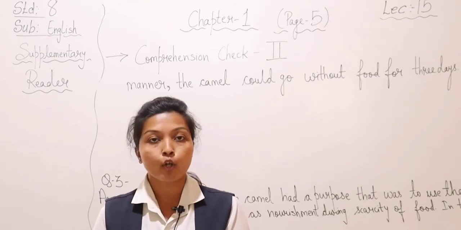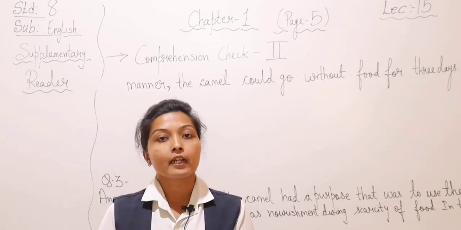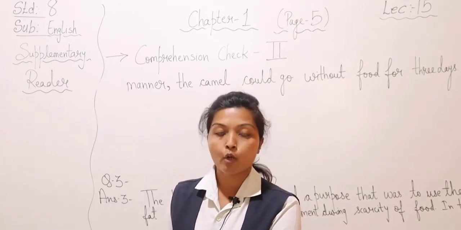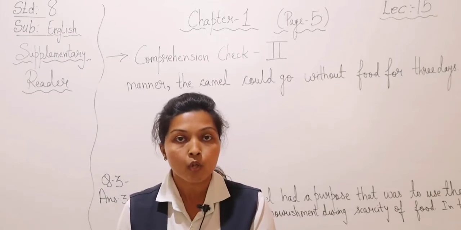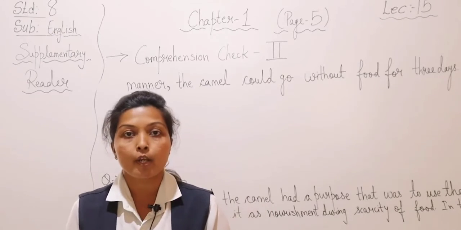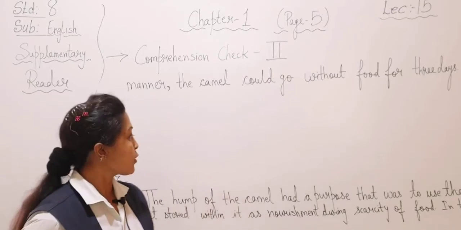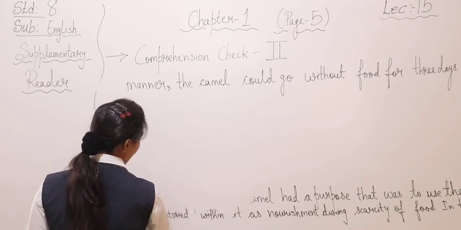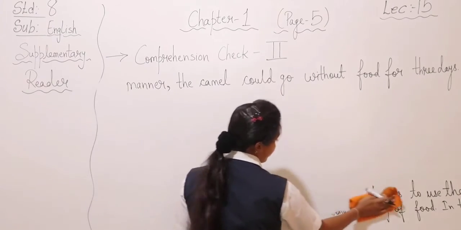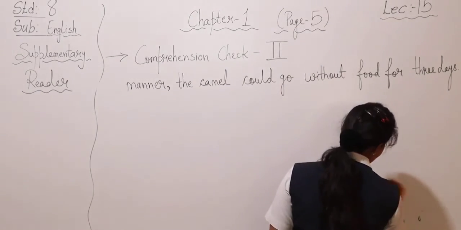So from this sentence, what message does the writer want to convey about the camel? Okay. Write down question 4 from your book, and then write down the answer.